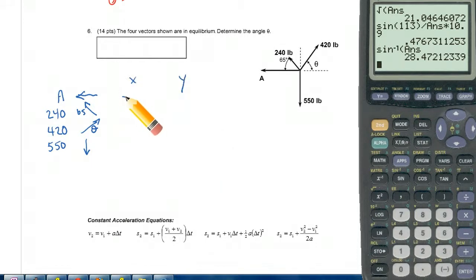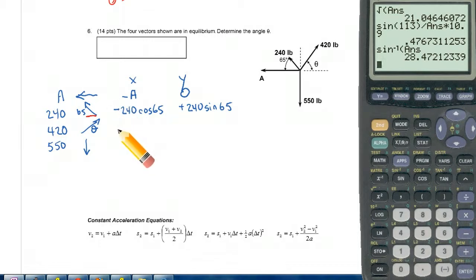I don't know A, but it's going to be minus A and 0, since this one's going in a negative x direction. For the 240, the x is adjacent to the 65, so that's 240 cosine 65. It's going up, so it's a positive 240 sine 65.